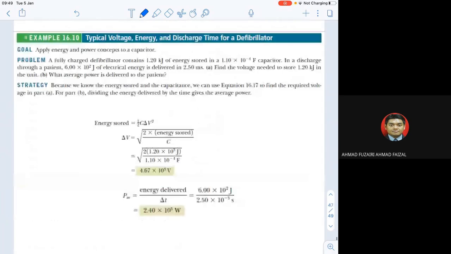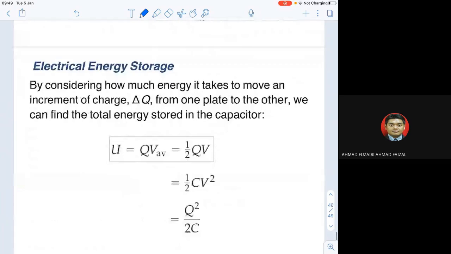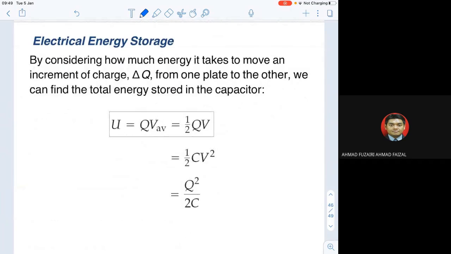These are the electrical energy storage for the capacitors. So U is equivalent to half QV. Q is the charge, and V is the electric potential.